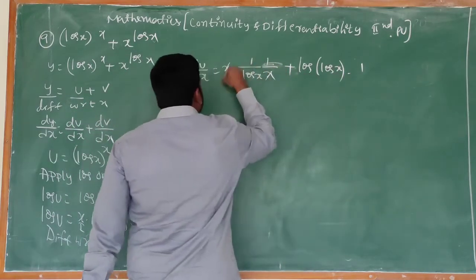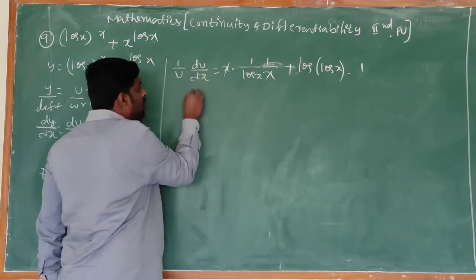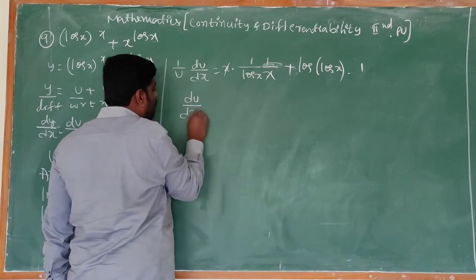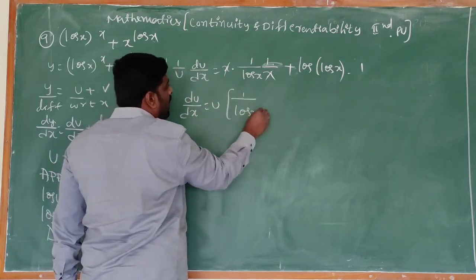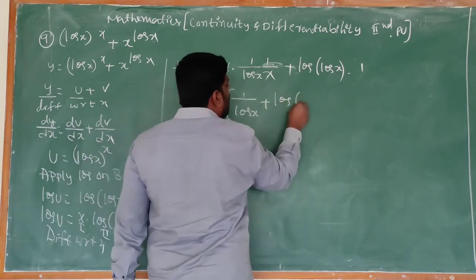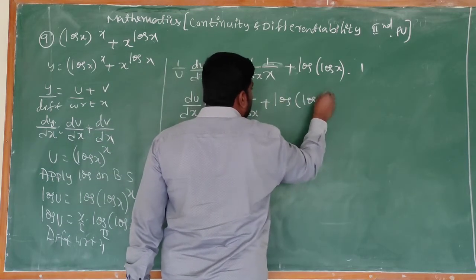So this x and x are cancelled. du by dx is equal to u into 1 divided by log x plus log of log x.